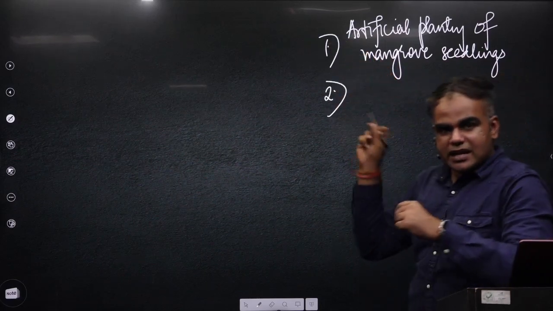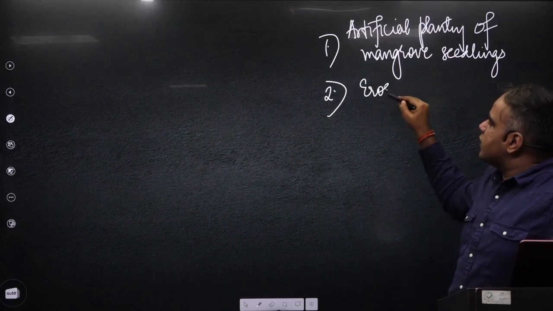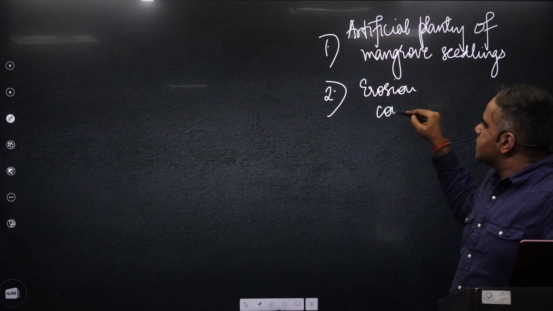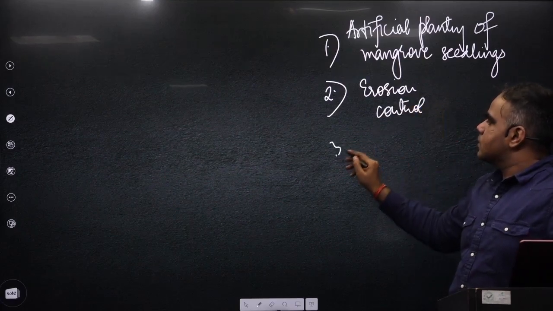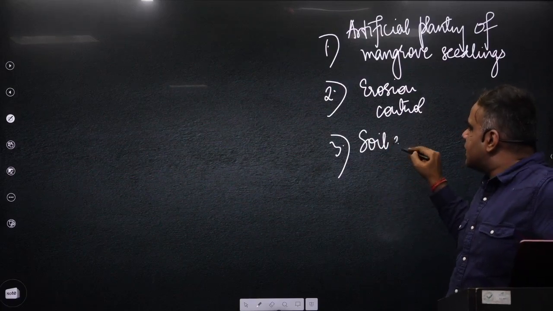Here I'll give you examples of what can be done. Erosion control can be done, because erosion was also a part. Focus on soil stabilization.